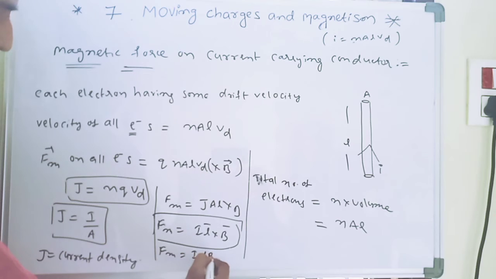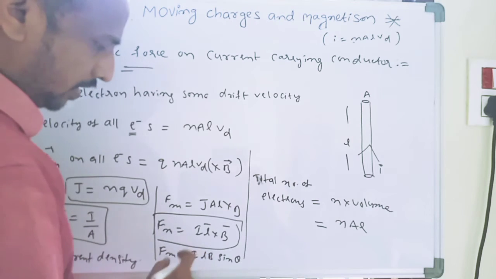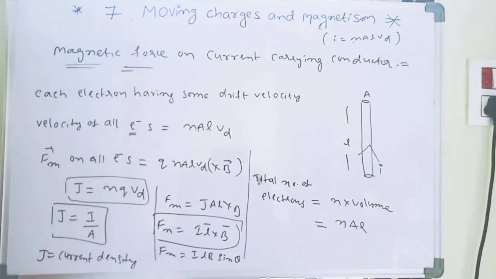Therefore, Fm is ILB sin theta, where theta is the angle between B and L. So remember that point: Fm is equal to I into L cross B or ILB sin theta.